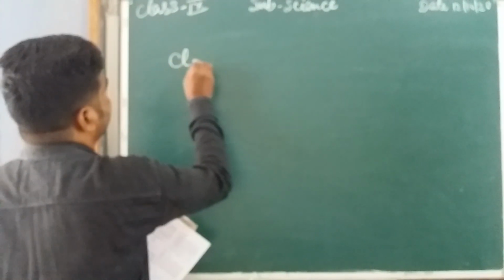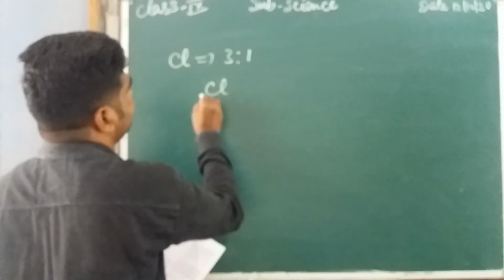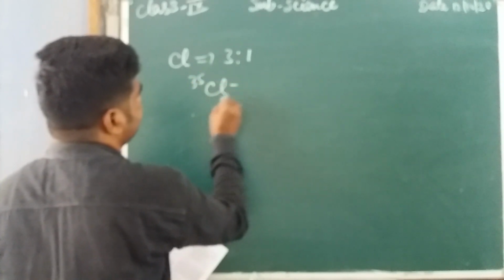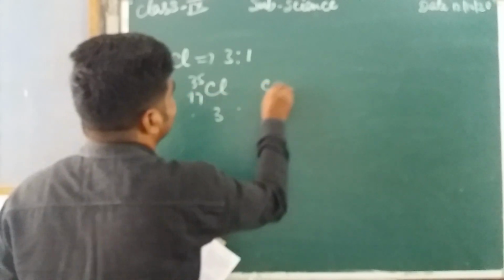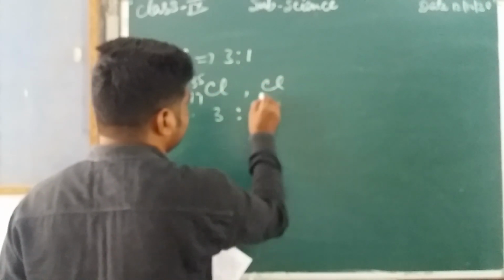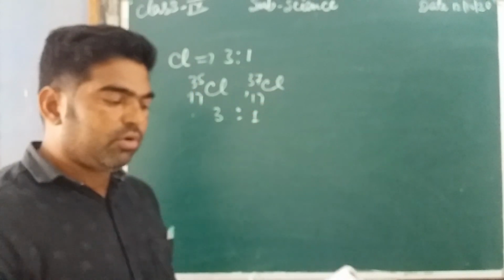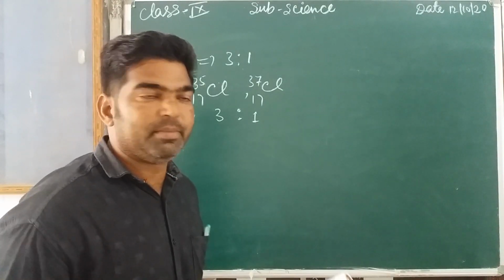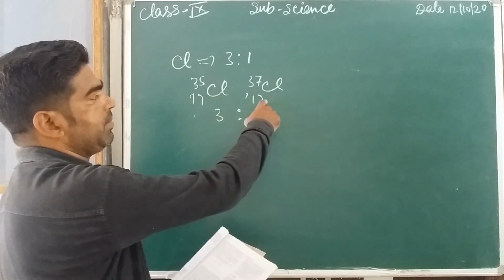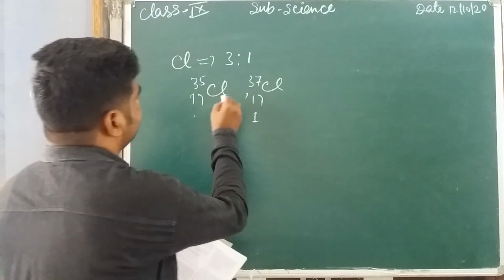So now see, suppose that this chlorine is found in a 3:1 ratio. Means chlorine 35 is in the ratio of 3 and chlorine 37 is in 1. Okay, so we can calculate: the percentage of the first one added to the percentage of the second one.